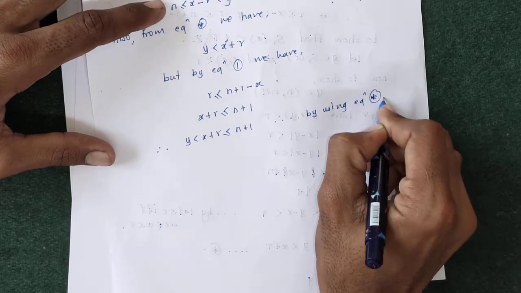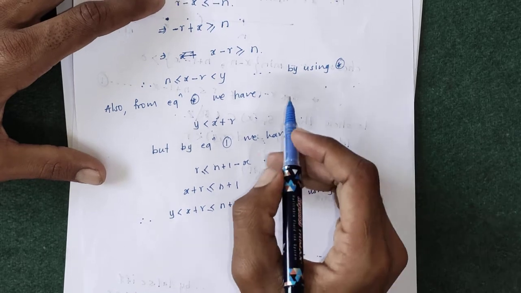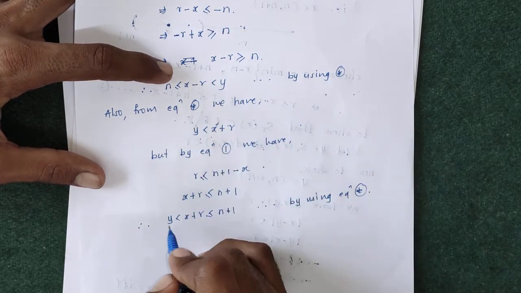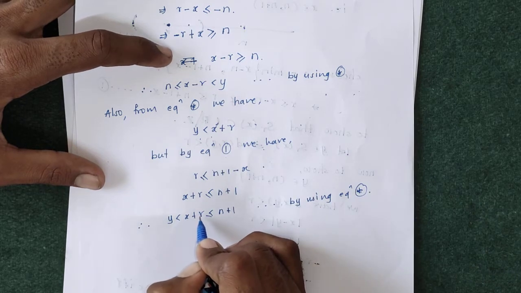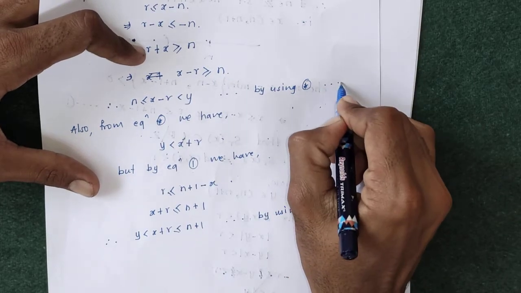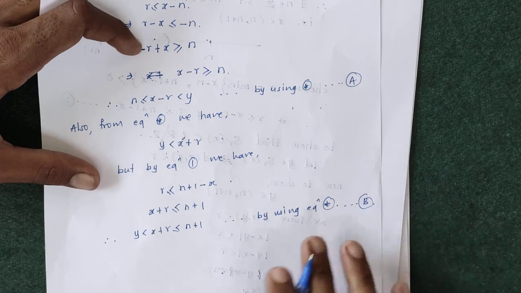Now we have n is less than or equal to x minus r, which is less than y, and that y is less than x plus r, which is less than or equal to n plus 1. Suppose this is equation number capital A and this is equation number capital B.